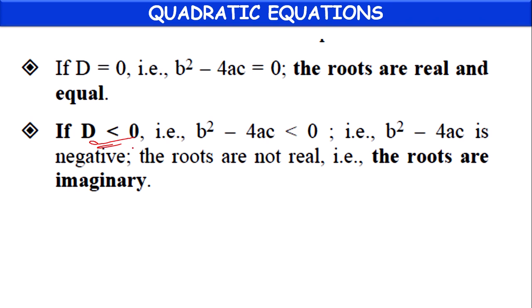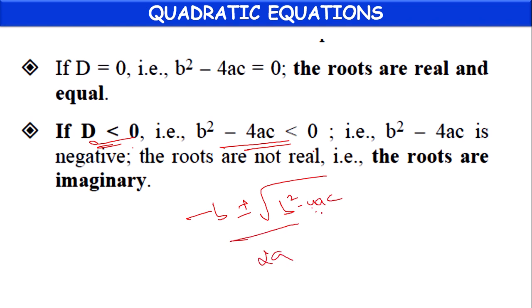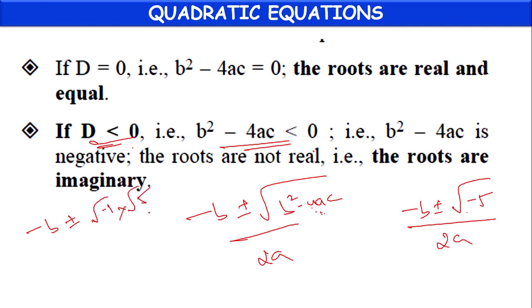Suppose the discriminant is less than 0, that is negative. Minus b plus or minus root of minus 5 by 2a. Root of minus 5 can be written as root of minus 1 into root of 5, where root of minus 1 can be written as i, an imaginary number.